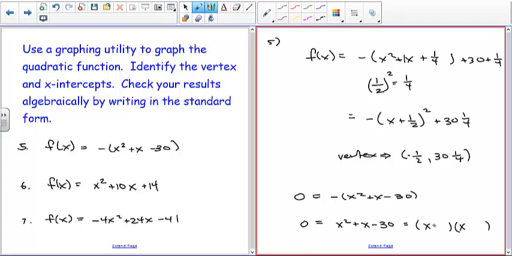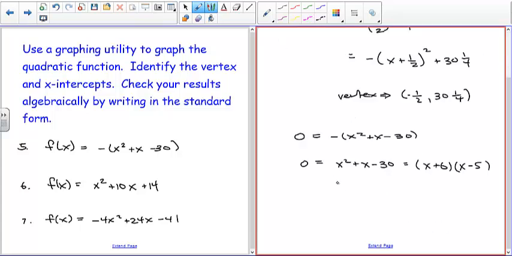It has to be positive 6 and negative 5 because I need 6 minus 5 to give me a positive x. So you can see that the x-intercepts work out perfectly here. So x plus 6 has to equal 0. X equals negative 6. That's negative 6 comma 0 coordinates, and you have x minus 5 is equal to 0. X is equal to 5. The x-intercept is 5 comma 0.